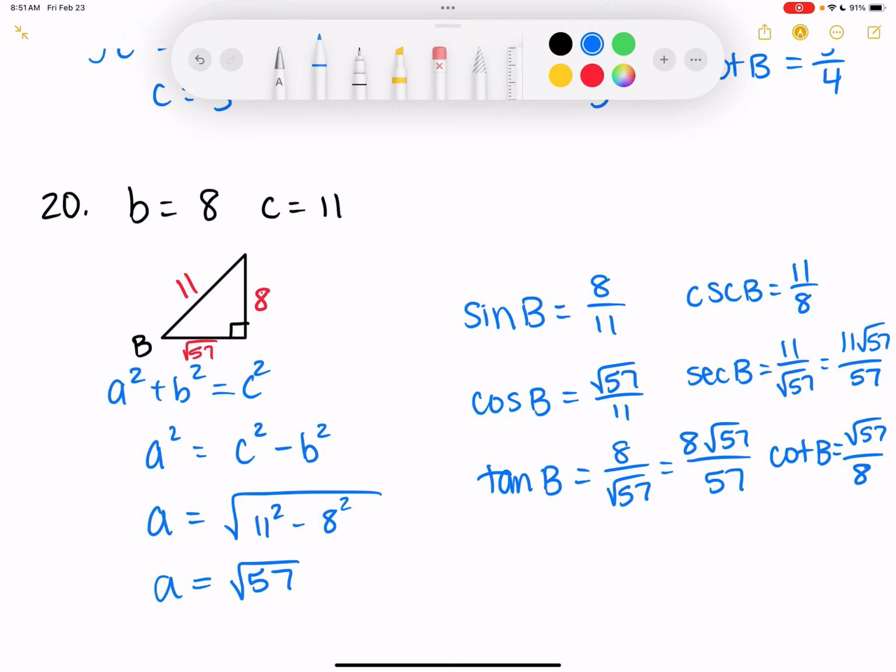We feel okay with those ones, setting them up? Okay. All right, now you are going to need your lovely unit circle.